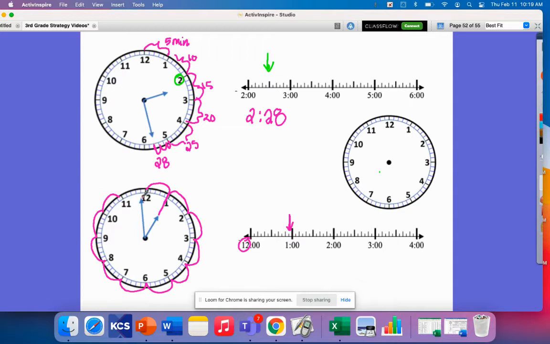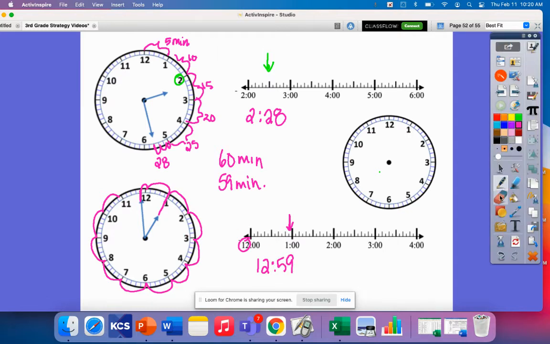This looks like it's right here. So 1 minute back, if I have 60 minutes in an hour, would be at 59 minutes. So this would actually be 12:59. That's what that clock is showing right there, 12:59.